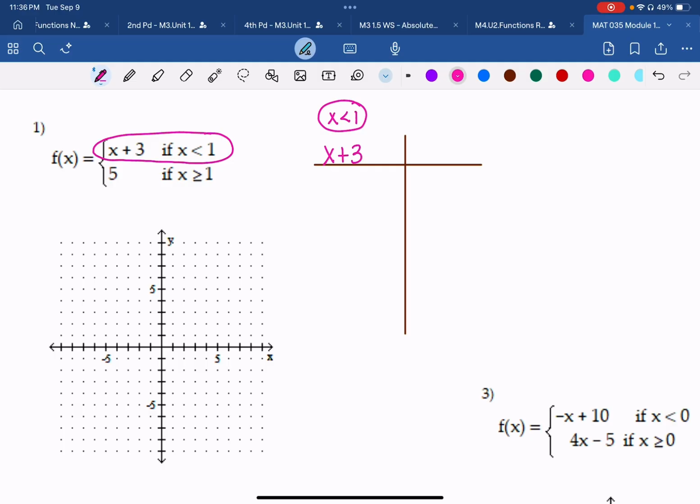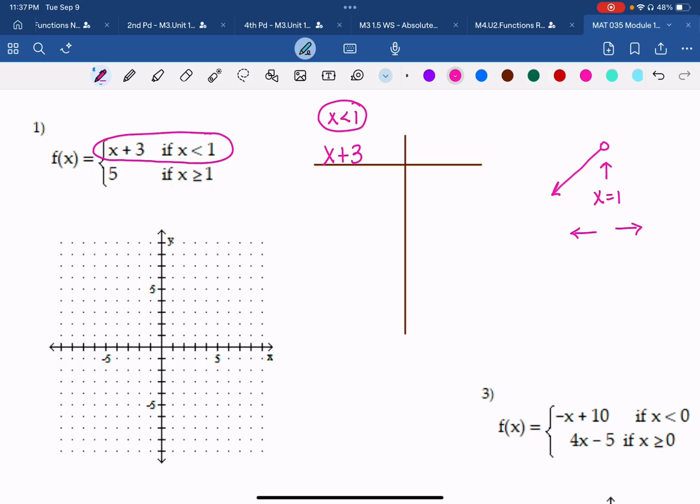If I were to graph this, here's the entire graph, and this right here is x equals 1. The values on this side are bigger than 1, but the values on this side are smaller than 1. So I don't want any of those, and since it's less than, I can't include it. It would be like that.